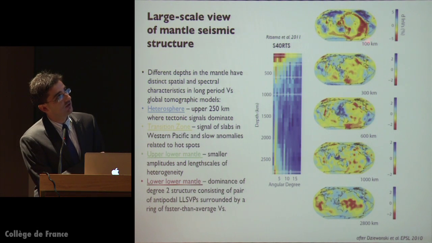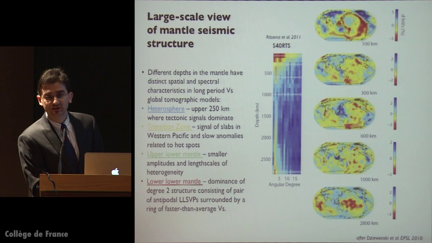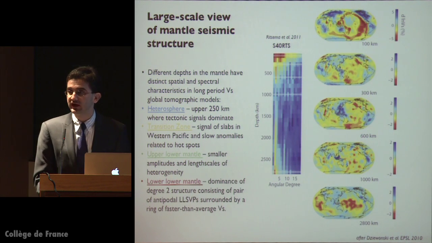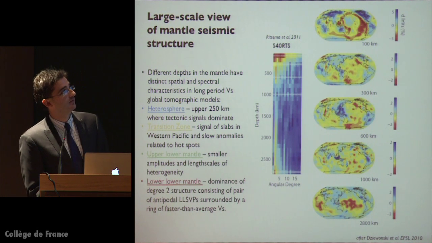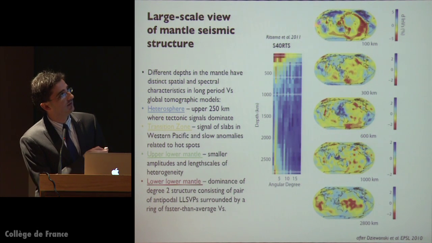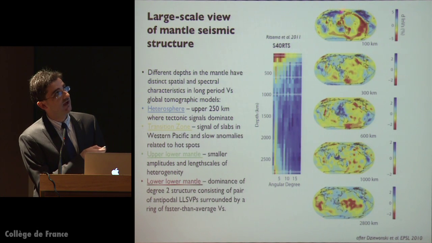So if we start from the top, we have a very strong level of heterogeneity, so we call this region the heterosphere. Here the lateral variations in VS are on the order of plus or minus 10%. The signal is dominated by the fast continental roots and the slow mid-ocean ridges and subduction zones.